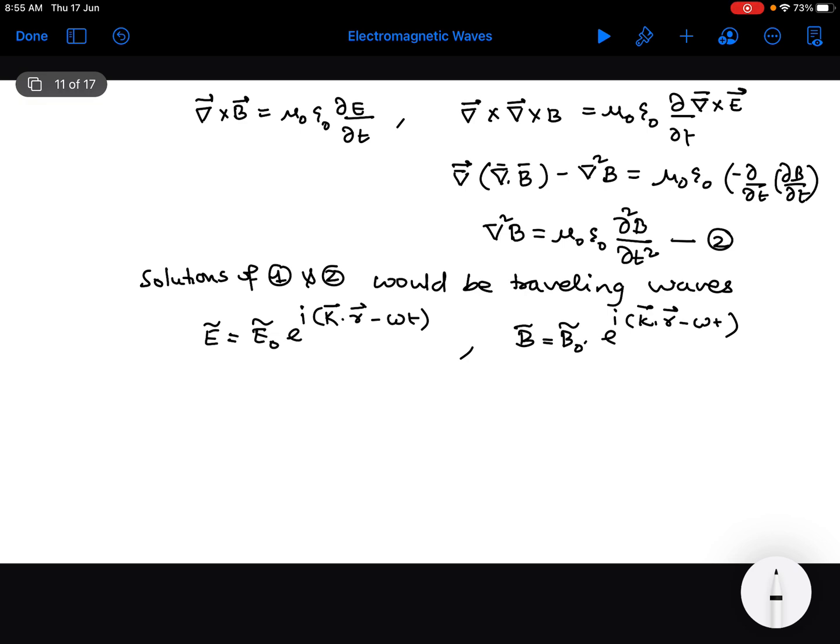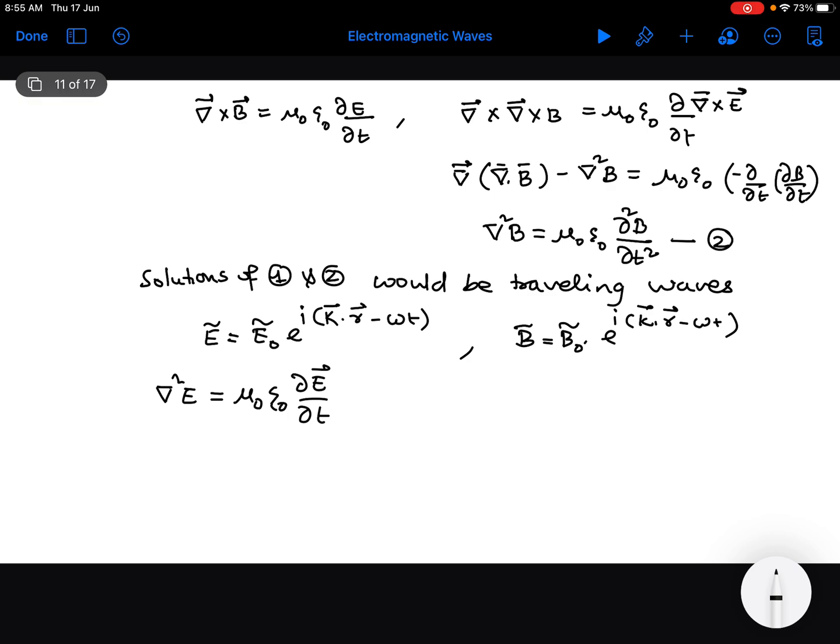Let's take equation 1 and substitute. Del square E is equal to mu naught epsilon times dou square E by dou t square.